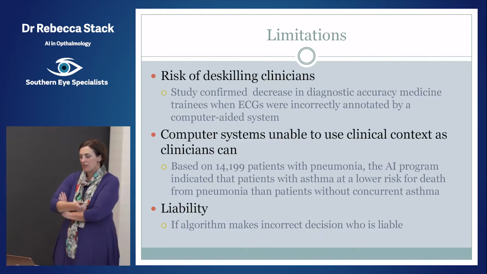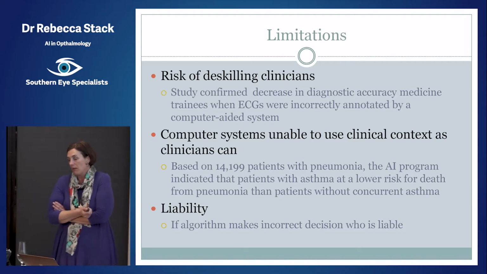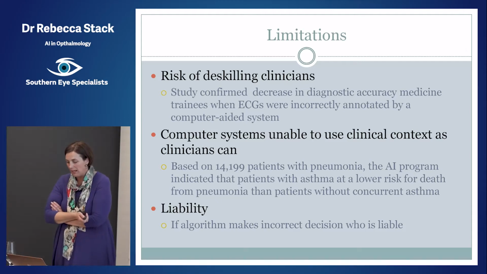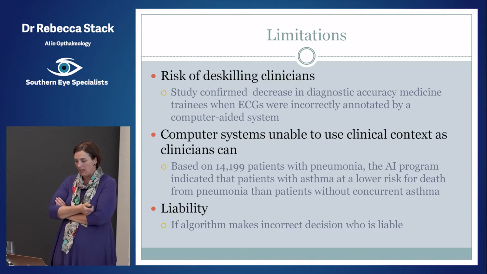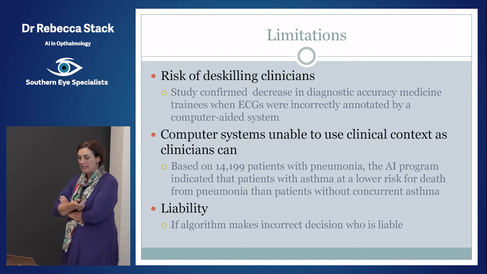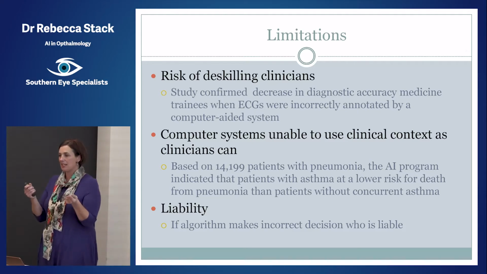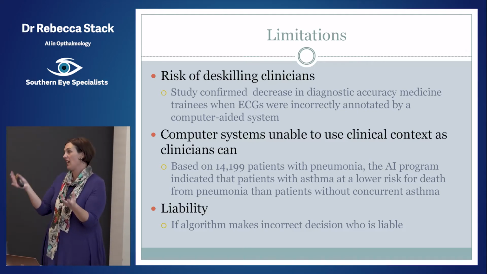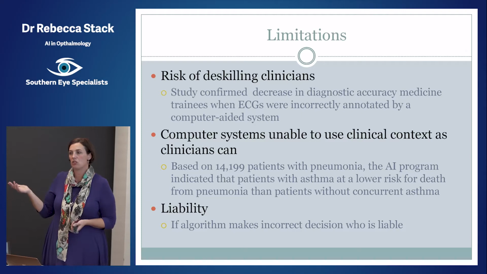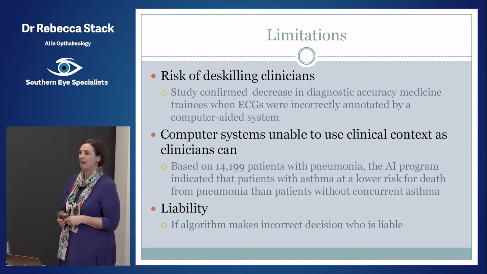There's definitely this risk of de-skilling clinicians, which might not be important if the computers can do it all, but they've done lots of studies now where there have been systems put in place. For example, ECGs: lots of the machines these days, when you do an ECG, will actually tell you what the rhythm is and what you need to do, like the automatic defibrillators that are around in malls.